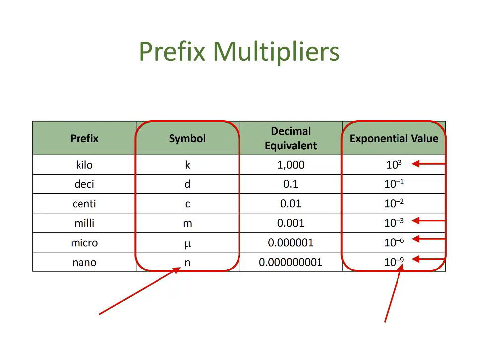So kilo is 10 to the 3, milli is 10 to the minus 3, micro is 10 to the minus 6, and nano is 10 to the minus 9. Noticing that most of the exponential values are multiples of 3 might help you memorize these prefix multipliers faster.